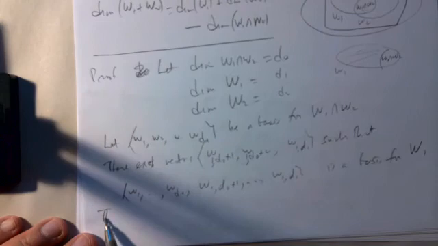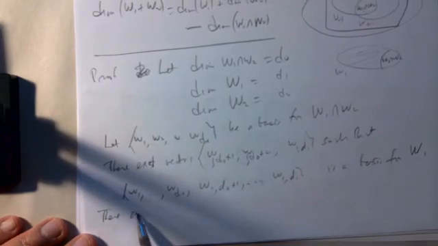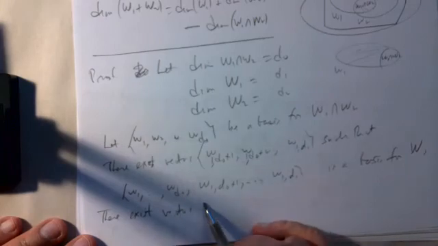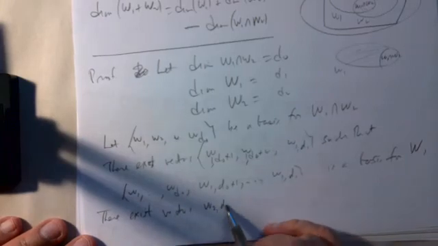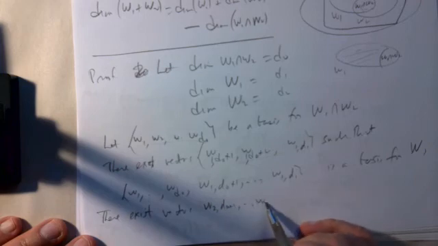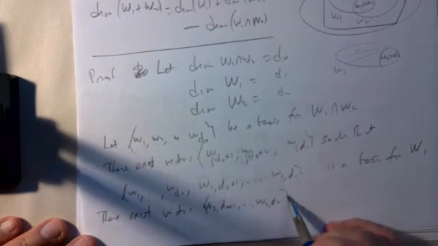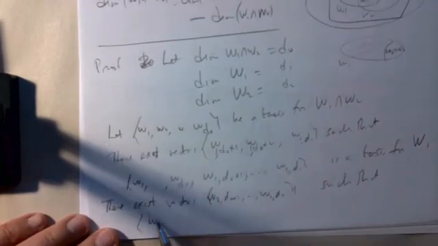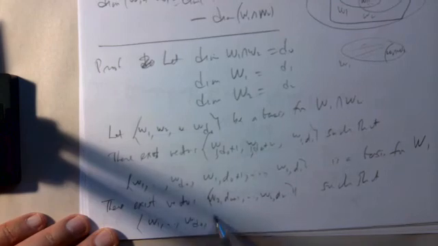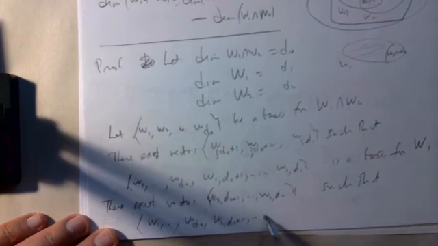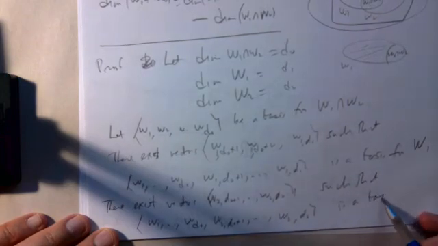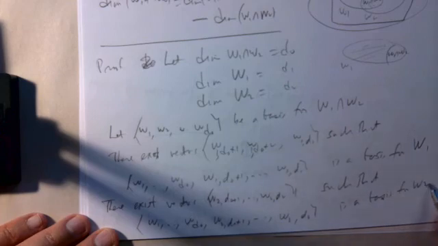And similarly, there exist vectors w_{2,d0+1} up to w_{2,d2} such that w1 up to w_d0, w_{2,d0+1} up to w_{2,d2} is a basis for W2.